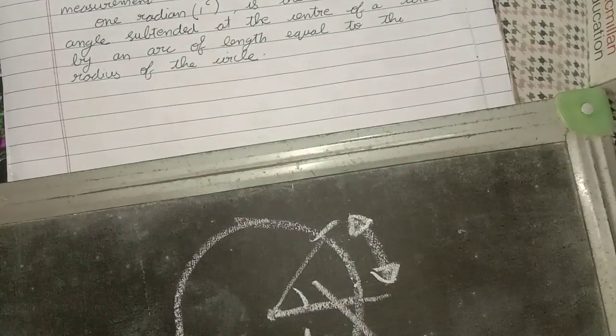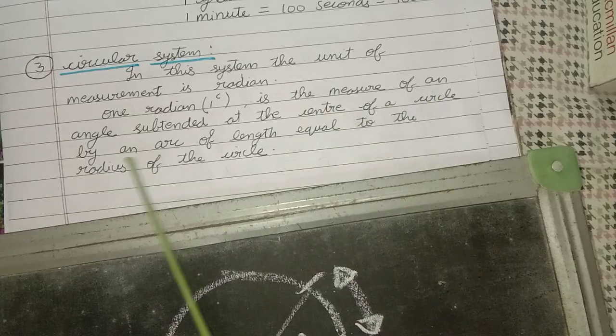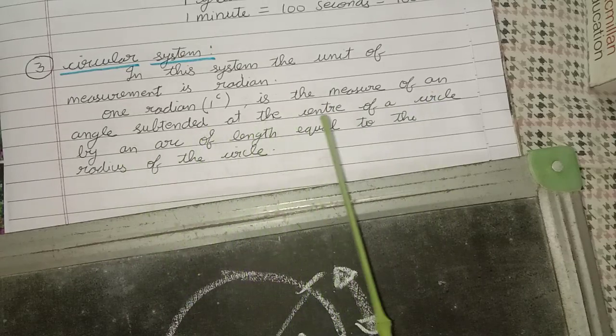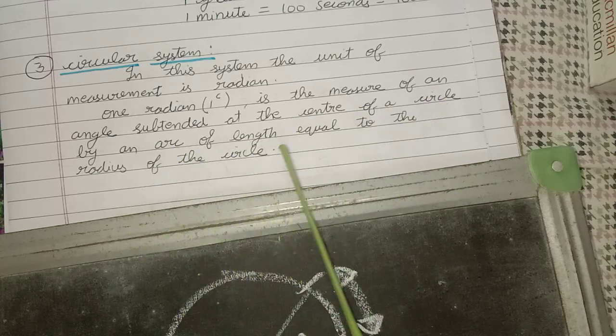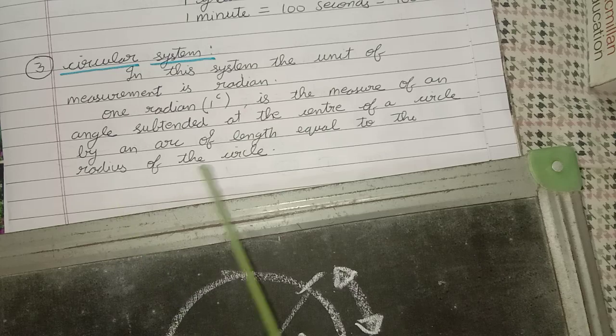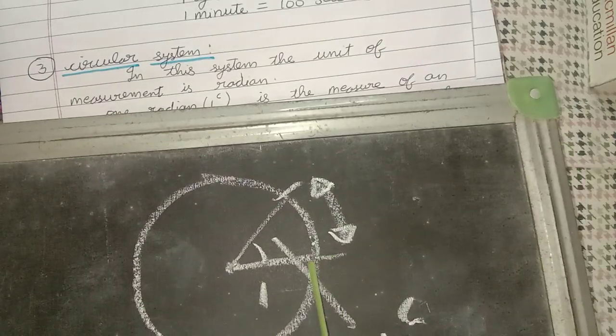Now what is 1 radian? Just go through the definition again. 1 radian is the measure of an angle subtended at the center of the circle by an arc of length equal to the radius of the circle. See, the radius here was 1 centimeter.